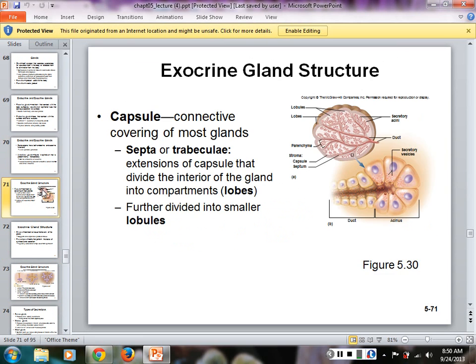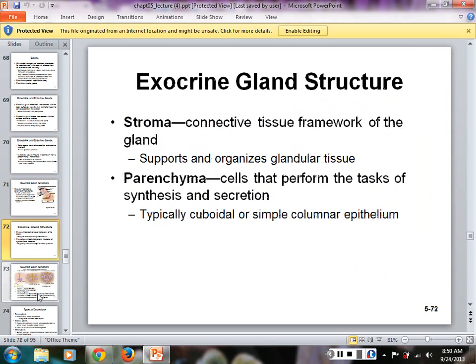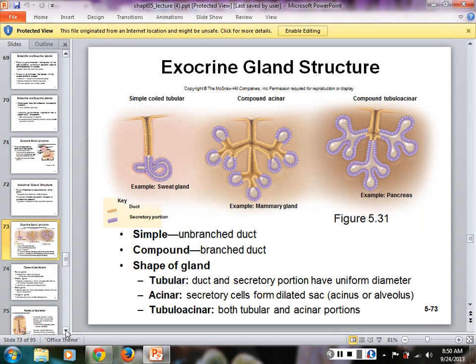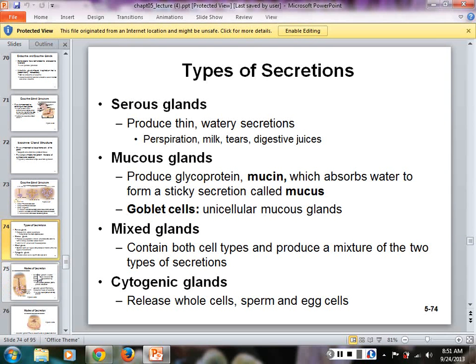Okay, I need to skip over some stuff. I'm not going to talk about that. It's not on your test. I mentioned this right here. The types of secretion, I think the types are on your study guide. I know which one, types or modes, I'm not sure.